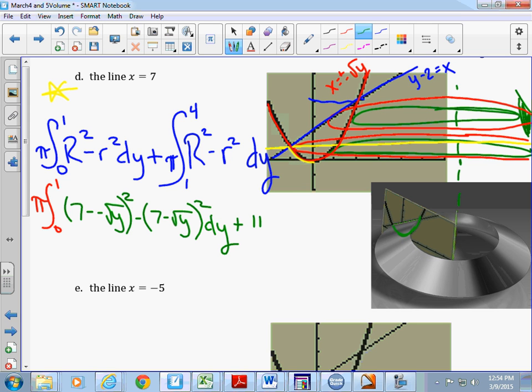Plus the integral from 1 to 4. Don't forget the pi in front. The top circles, the bigger circle is 7 minus y minus 2.